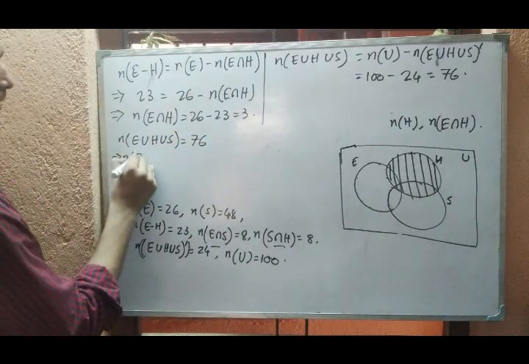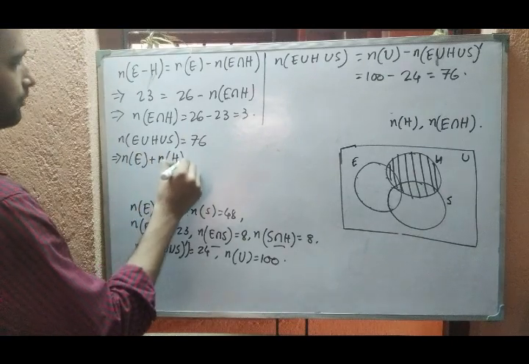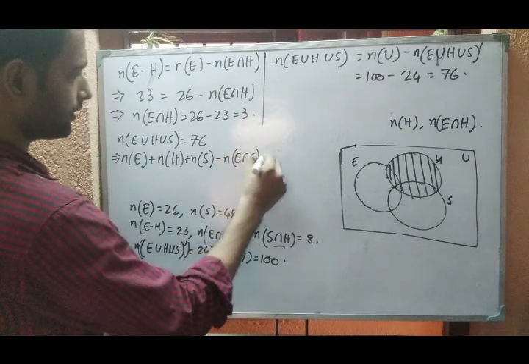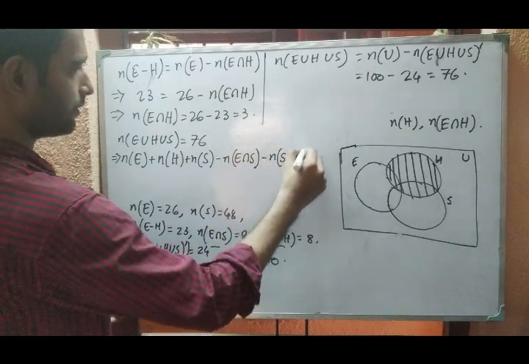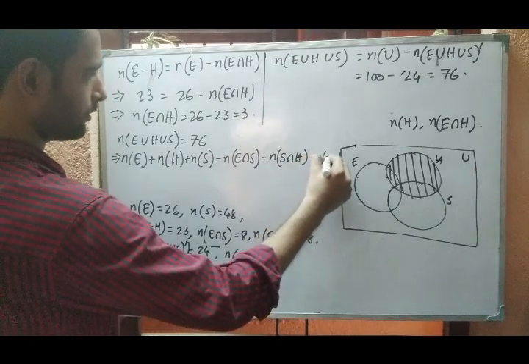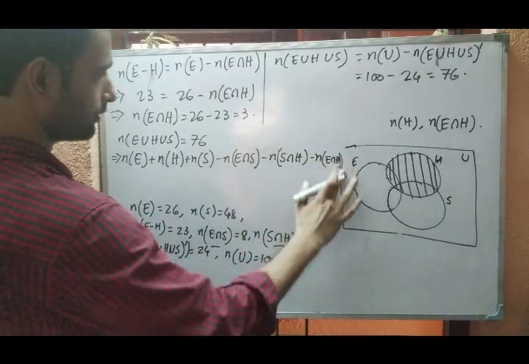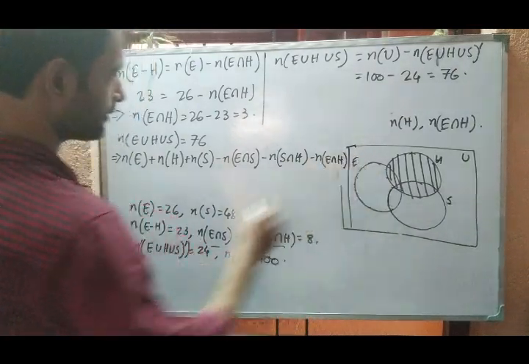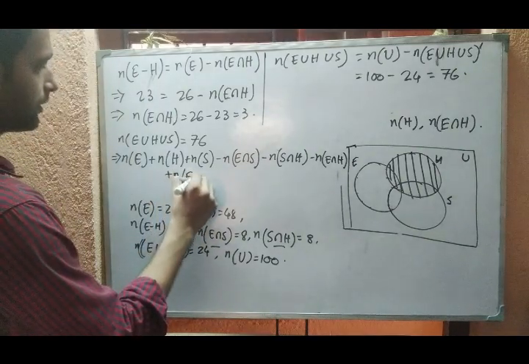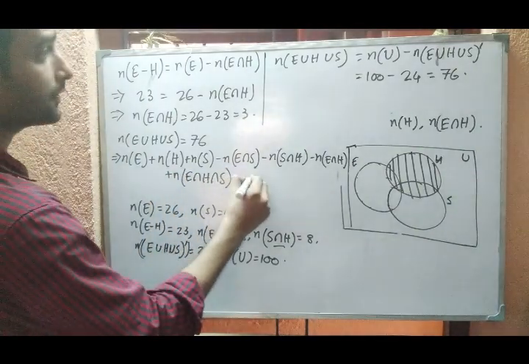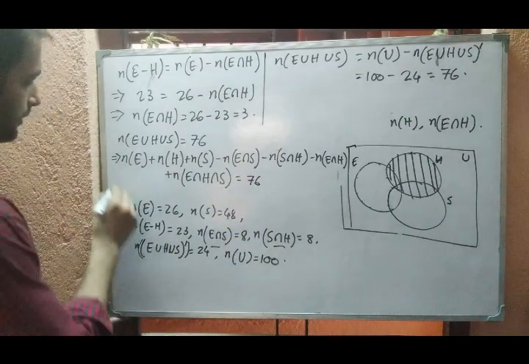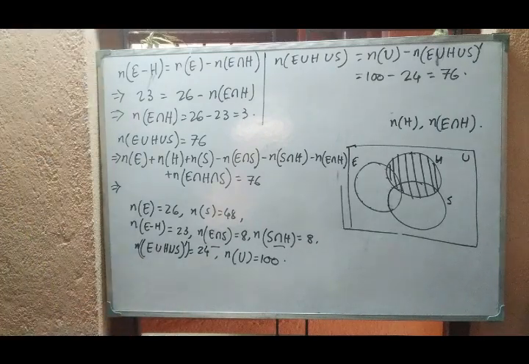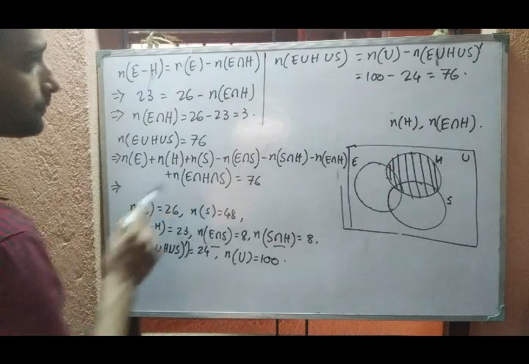That means n of E plus n of H plus n of S minus the intersections of two sets, E intersection H and so on, plus the intersection of all three, and this is 76. Now you have all the terms almost except this one.